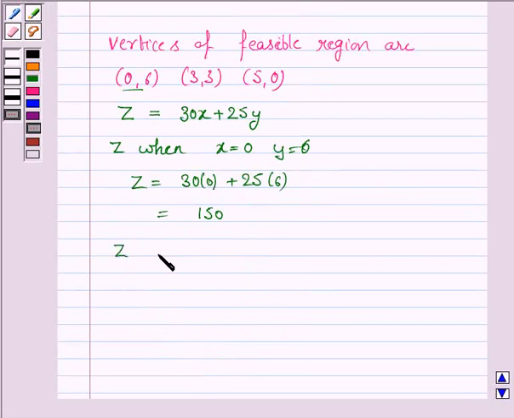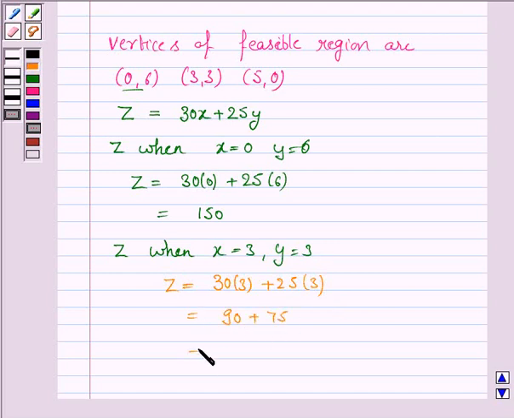Now Z when x is 3, y is 3. So Z is equal to 30 into 3 plus 25 into 3, that is 90 plus 75, that is 165.